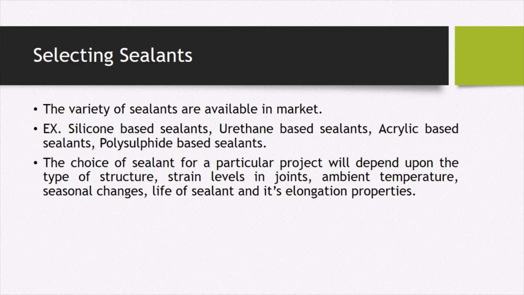Based upon that, you select from what is available in the market. I have shown you examples: silicon based, urethane based, acrylic based and polysulfate based sealants. These are some of the sealants available in the market, and you need to choose according to the type of structure, strain levels, temperature, and life and its properties.